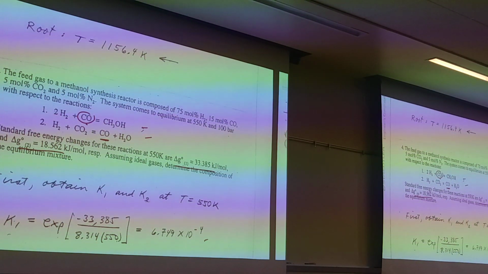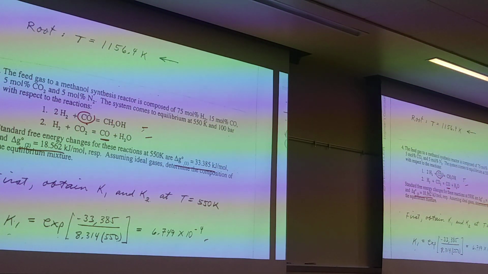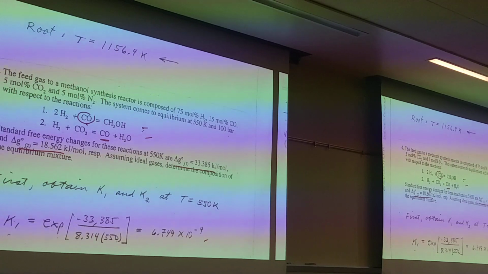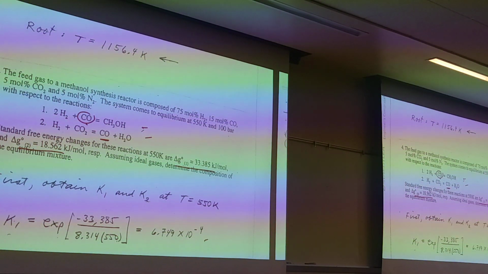Anything else? Yeah. In this case, the equilibrium constant for reaction 1 is much smaller than for reaction 2, but the limit for Xi1 is just larger than Xi2.